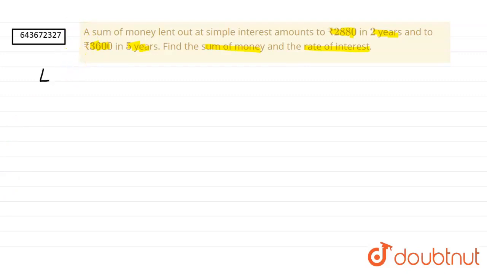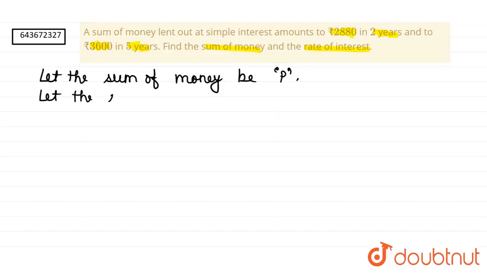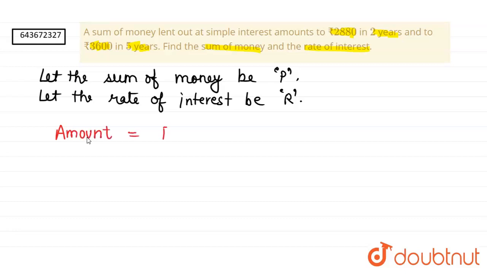let the sum of money be P and let the rate of interest be R. Now we know the formula that amount is equal to principal plus simple interest.